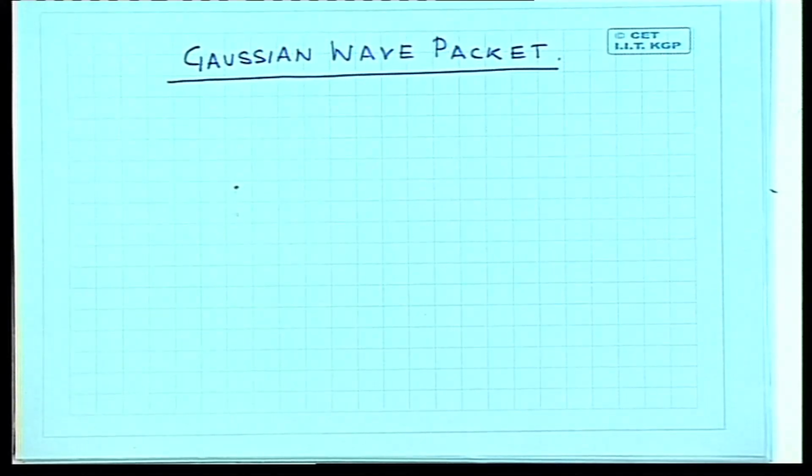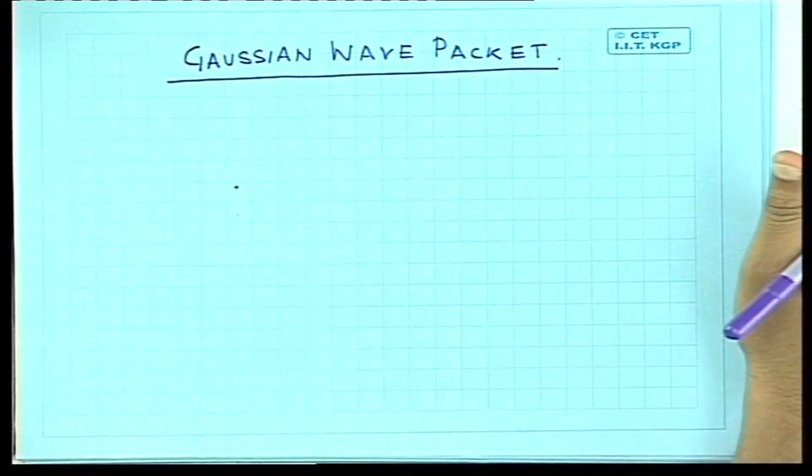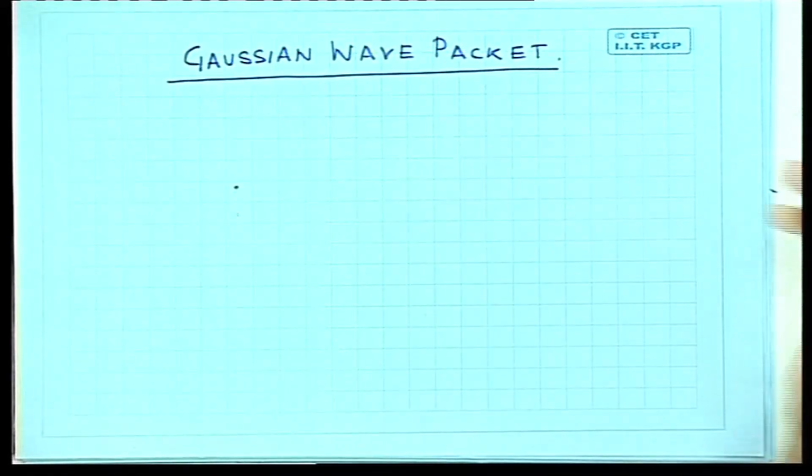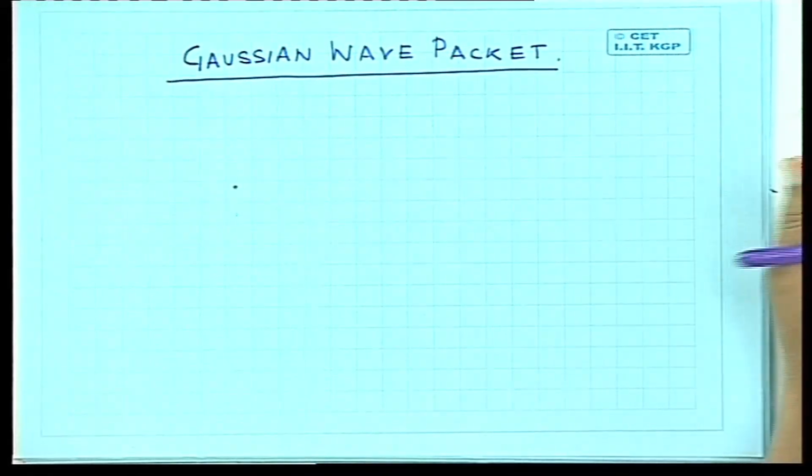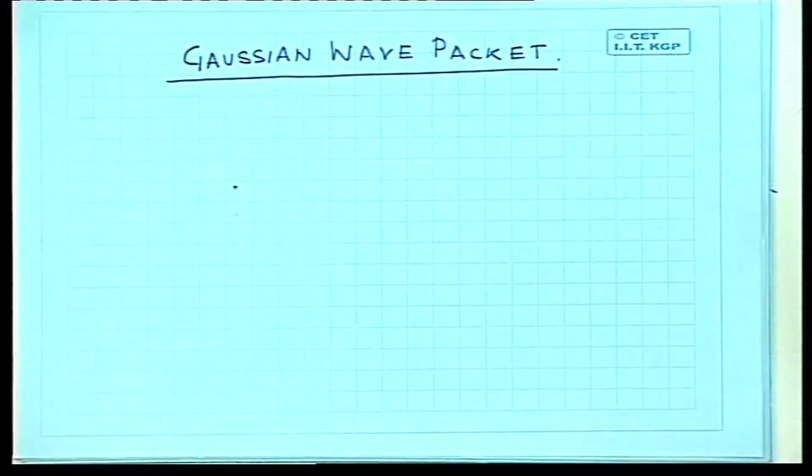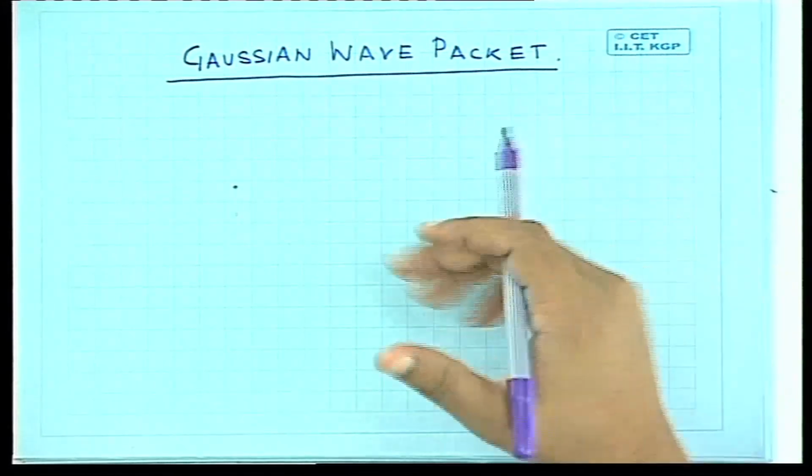So before going to this, let us look at what is a Gaussian. I shall first divert slightly and just obtain some mathematical relations for a Gaussian, which shall be useful later on in the course also. And then we shall go on to constructing the wave packet and looking at some of its properties.